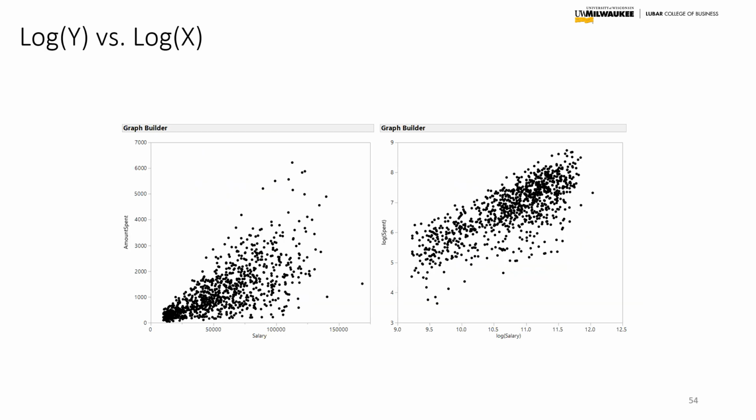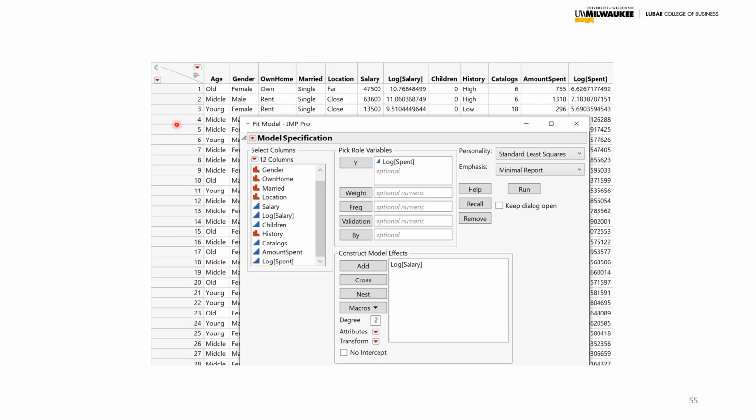Let's now look at a plot of log Y versus log X, in particular log spent versus log salary. And notice we now have a scatter plot with more even dispersion going from left to right. So we have tamed down the funneling and we can proceed with standard regression fitting. As you can see here, I'm going to the fit model platform.